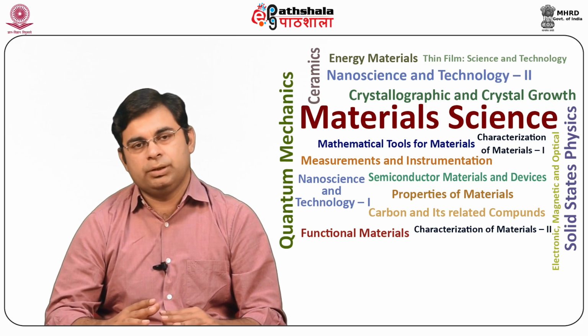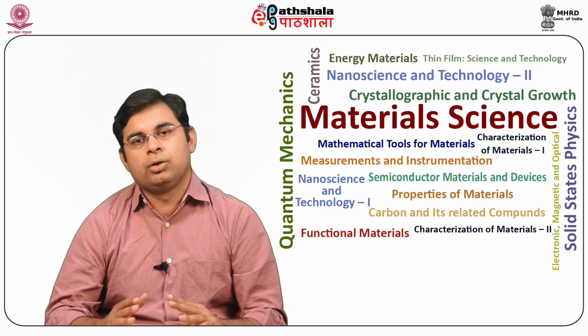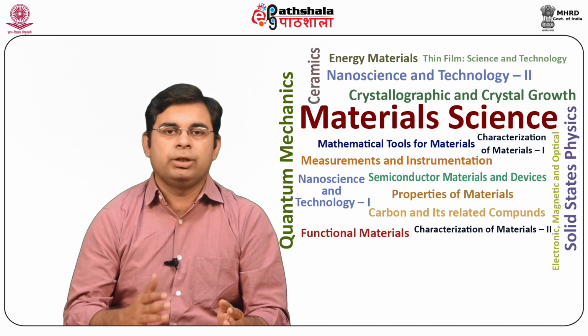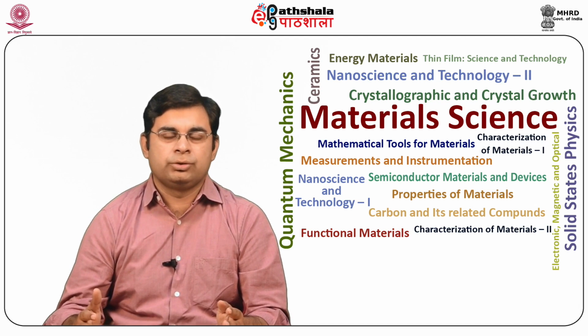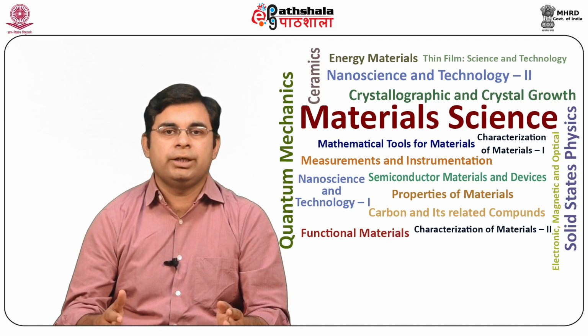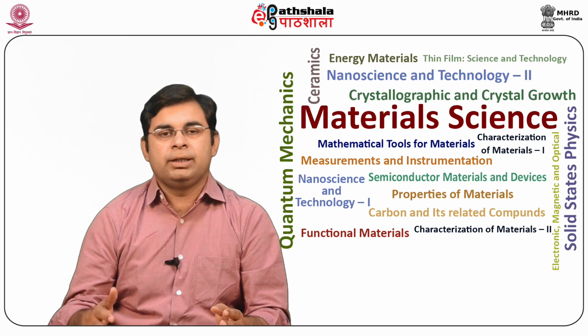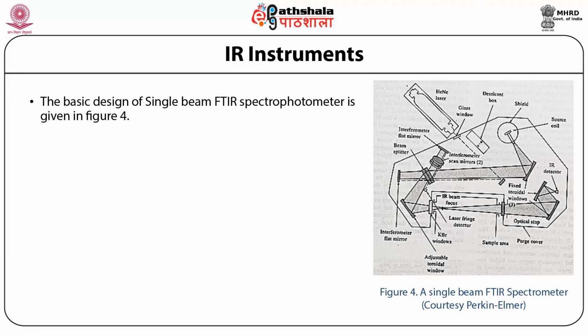reflectance spectroscopy. The most widely used spectrophotometer for laboratory-based investigation is the Fourier transform infrared spectrophotometer, also known as FTIR, because of its speed, reliability, and convenience. The basic design of a single-beam FTIR spectrophotometer is given in figure 4.